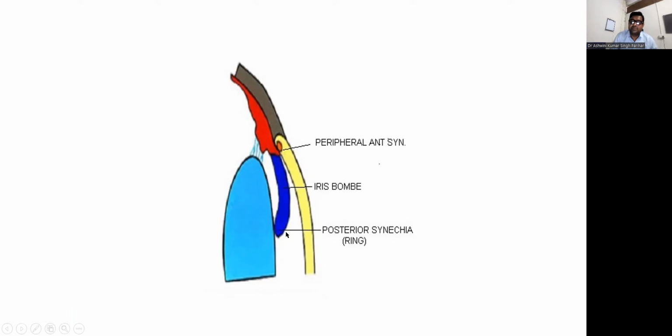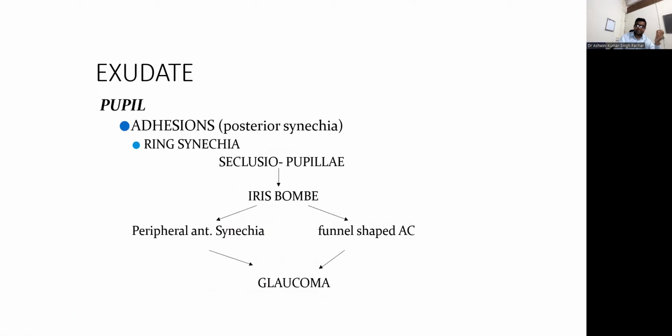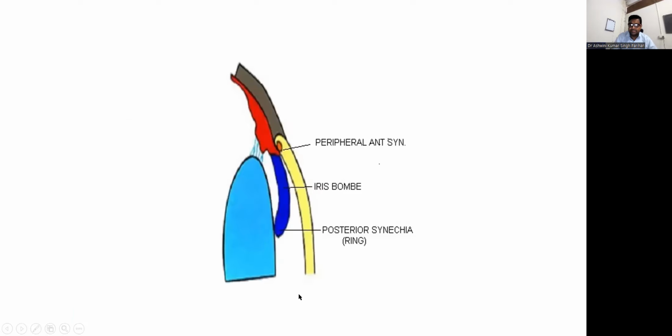The anterior chamber will become funnel shaped and it will push the entire iris tissue forward. And as I mentioned, anterior synechiae is the attachment of iris to the cornea. So the iris will get attached to the cornea and the patient will develop anterior synechiae. So iris bombe leads to formation of anterior synechiae, a funnel shape, and it will lead to glaucoma.